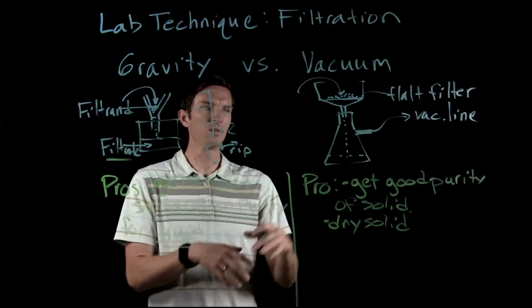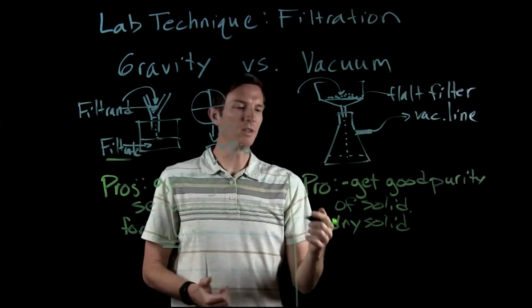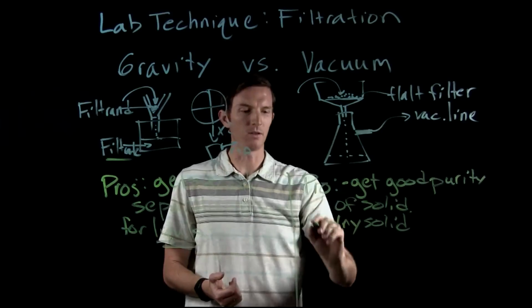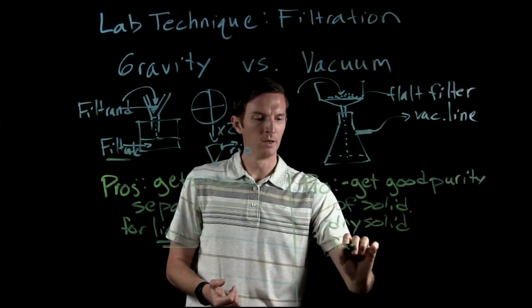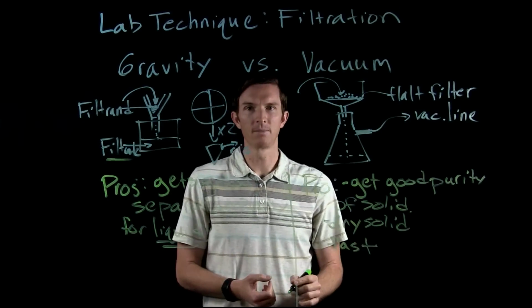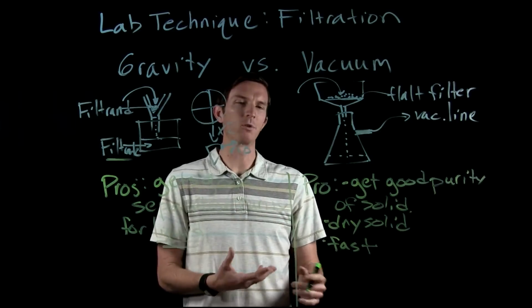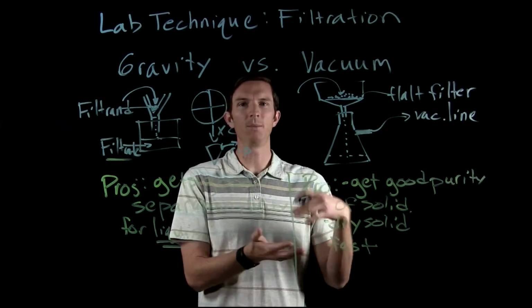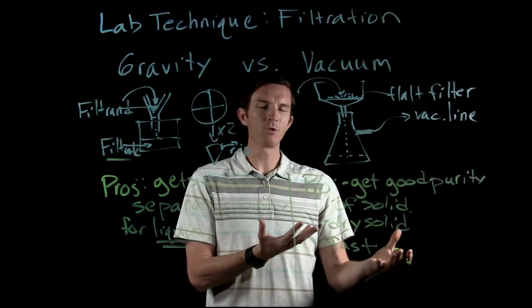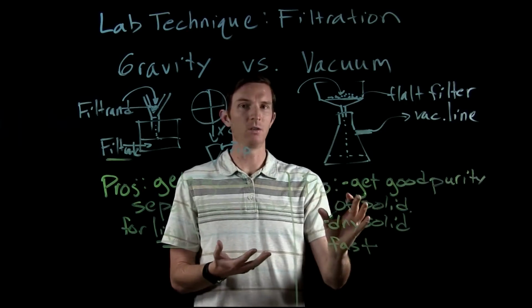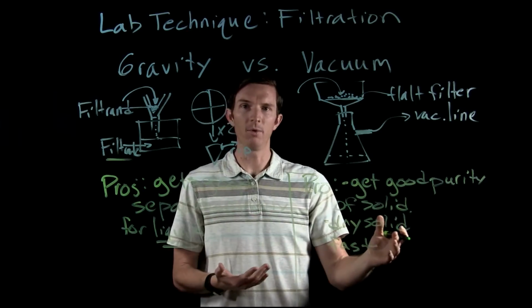So we can easily separate the liquid from the solid, but this is also very helpful in drying our solid. Additionally, this is typically pretty fast. This works really well for trying to get a solid residue, maybe a crystal we formed, and we're trying to separate that. This is going to do it quickly, but also dry it very well.